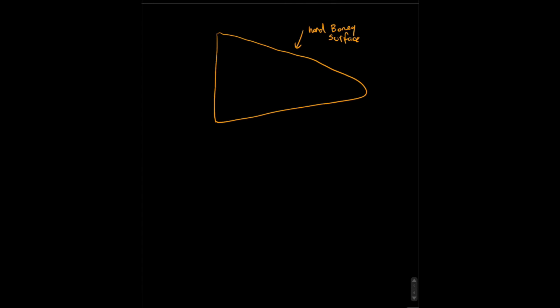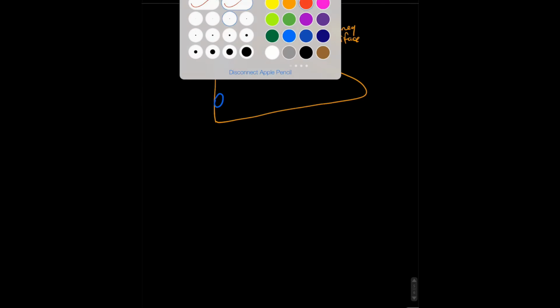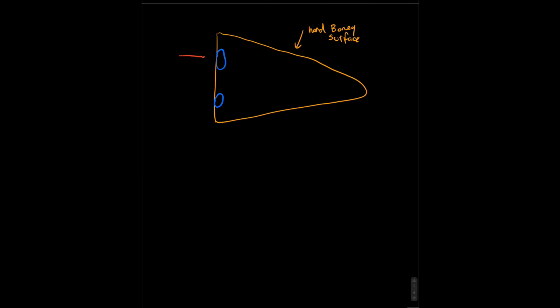Up the top here, it has an oval window, and down the bottom here, it has a small round window. And the stapes, that little bone from the ossicles, looks like this. And these windows are very much membranes.